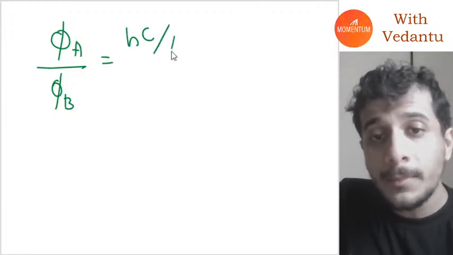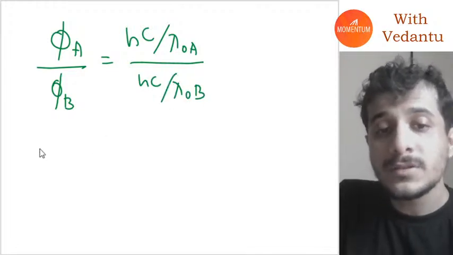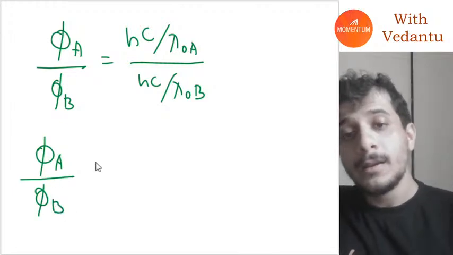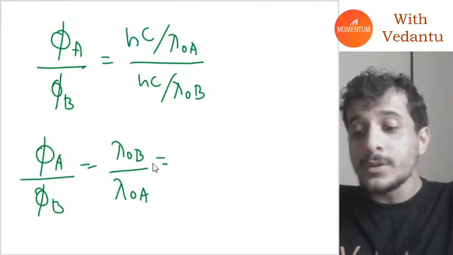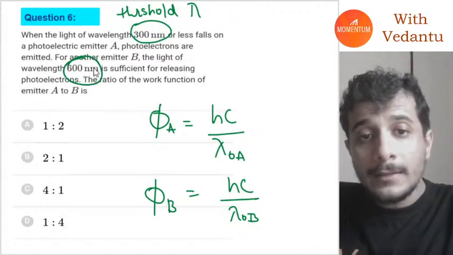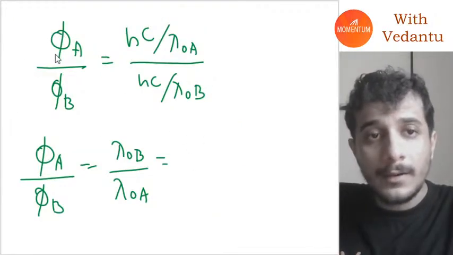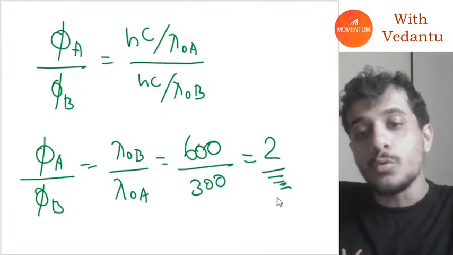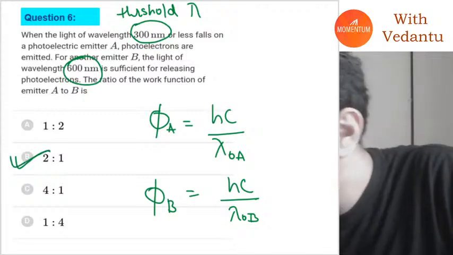That gives phi A by phi B is equal to the ratio of lambda naught B upon lambda naught A. This is lambda naught B and this is lambda naught A, so I can write it as 600 divided by 300, which is 2. The correct answer is 2 is to 1. I hope everybody understood.